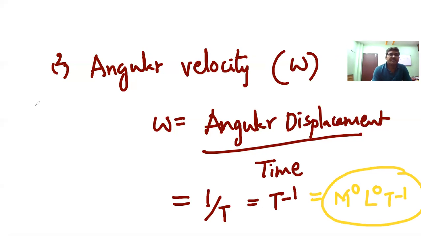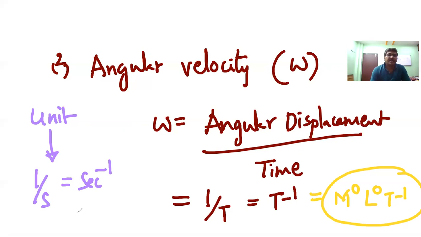Its unit is per second. So 1 by second, because T is in the denominator. Second inverse, it is also called per second. Okay?